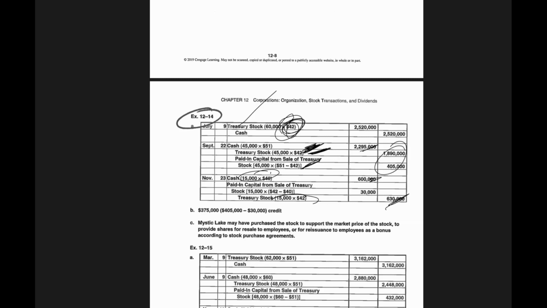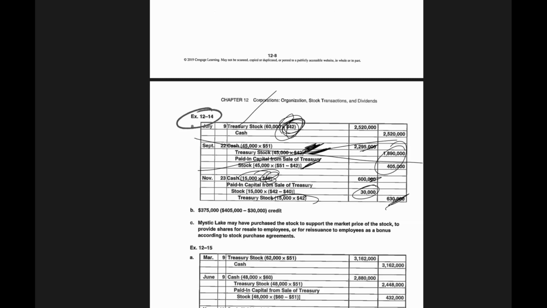We will debit the cash for what we got at $40. But rather than crediting paid in capital, we will debit paid in capital for the $2 difference times the 15,000 shares, or 30 grand.